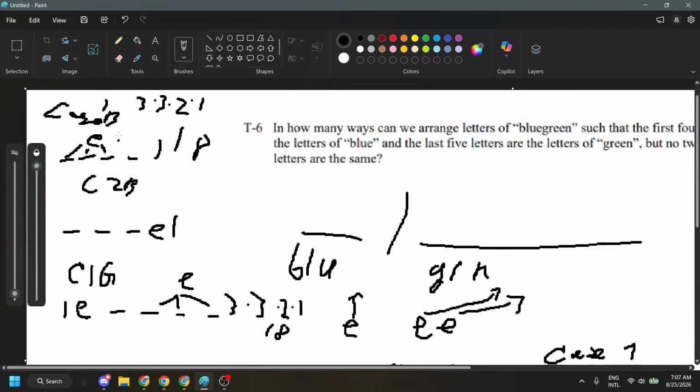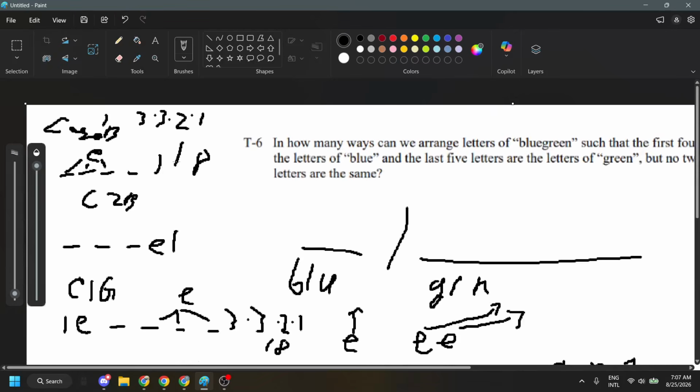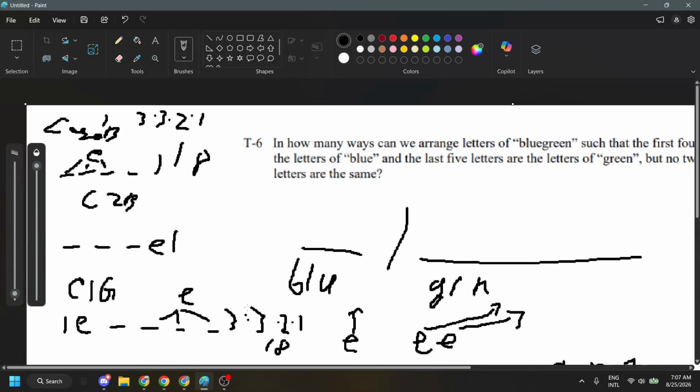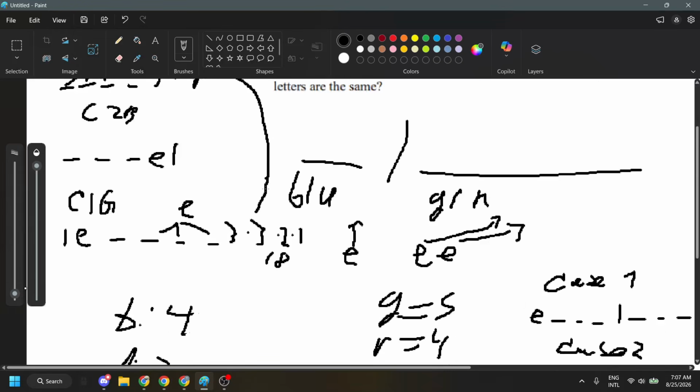Oh shoot, but no, this one is the barred one, so this one can only go with this one. Okay, good to know.